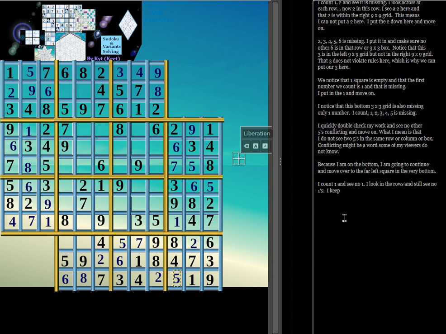I keep counting 2, 3. I do not see a 3. I also do not see a 3 in any column.